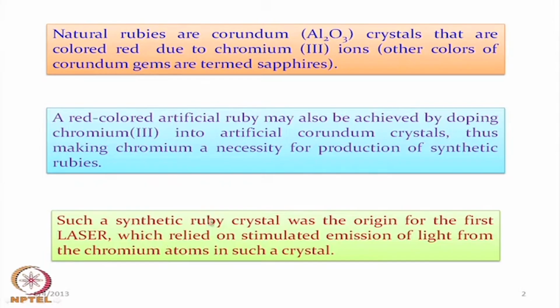So we get the corresponding ruby lasers. The red color of ruby lasers is due to the crystal field stabilization energy within the crystal lattice of the corundum system. Next, we will see some molecules which belong to the thiospinel group.